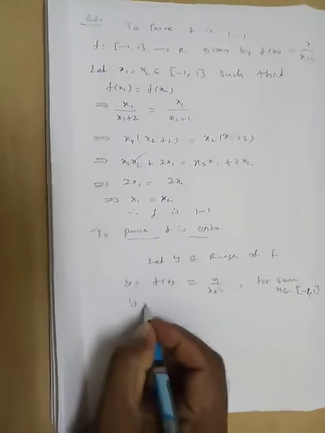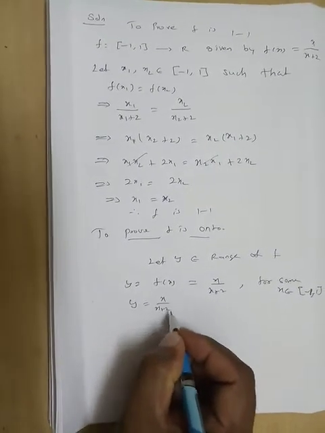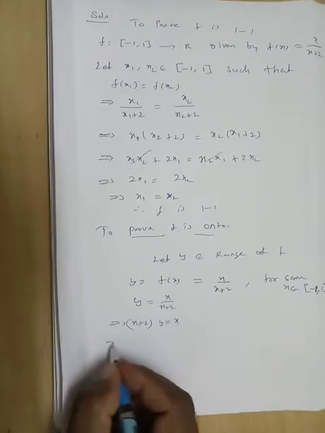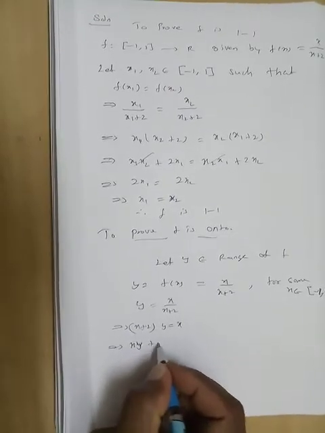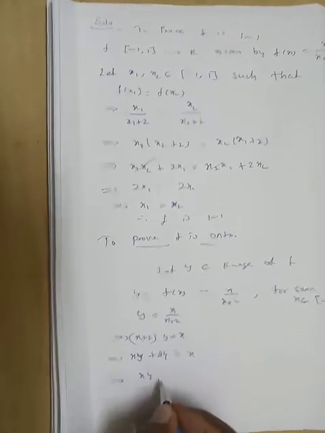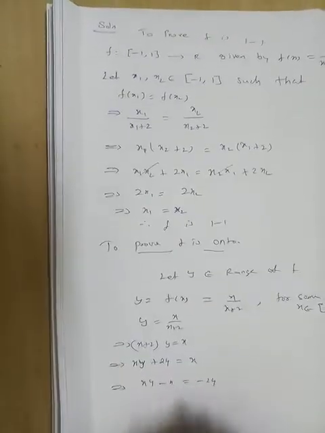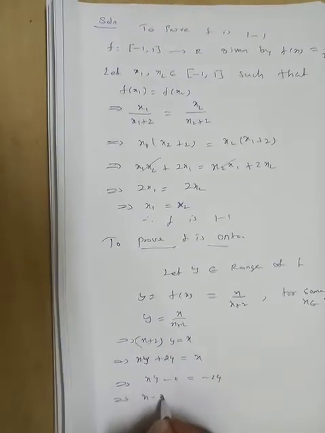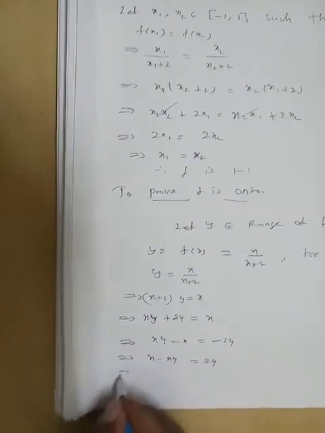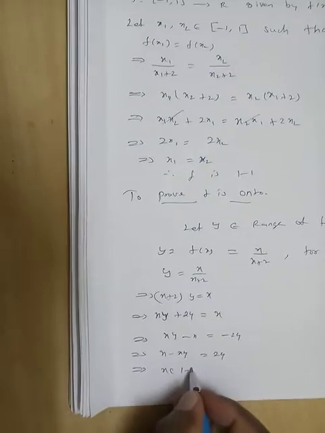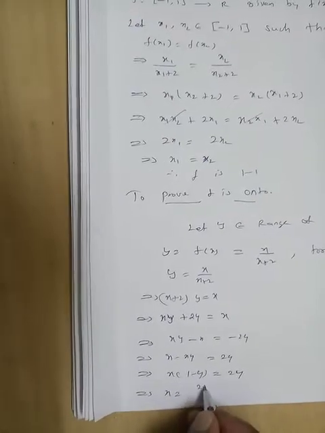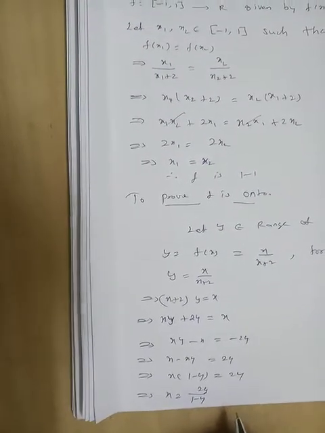Now y equal to x by x plus 2, which implies x plus 2 into y equal to x, xy plus 2y equal to x, which implies xy minus x is equal to minus 2y, or x minus xy equal to 2y. Multiplying both sides by minus 1, x into 1 minus y equal to 2y. x is equal to 2y divided by 1 minus y.